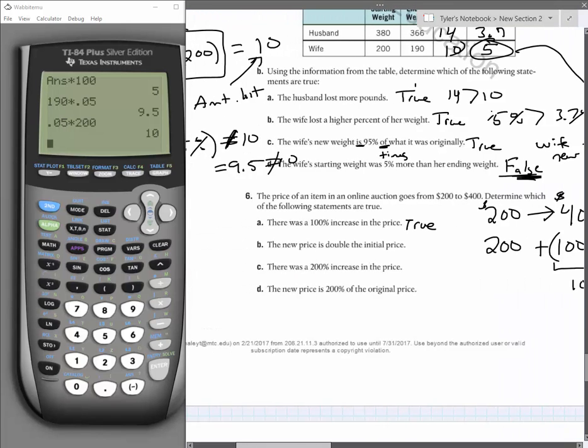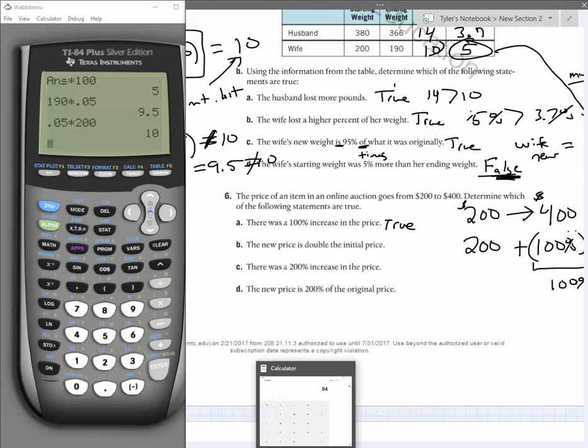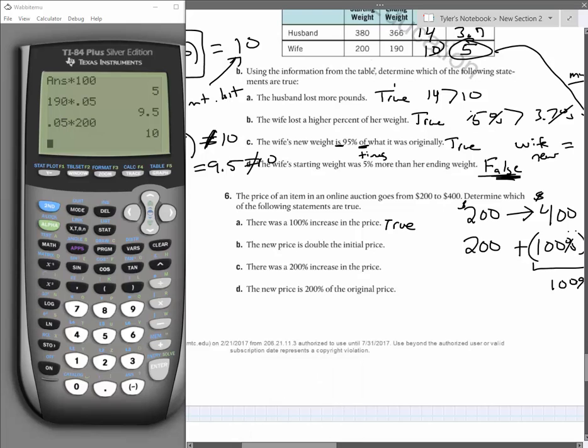Then we can look here. Part B says that the new price is double the initial price. Well, this is also a true statement, right? If I take 200 times 2, we get 400. So that's true.